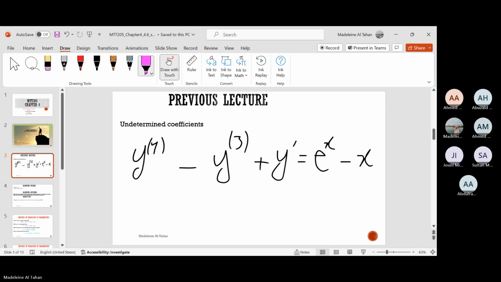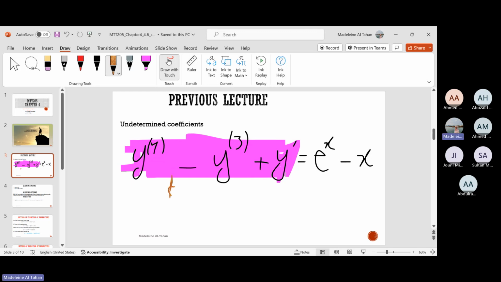Yes. Why? Because this part, the homogeneous part, is linear with constant coefficients, right?